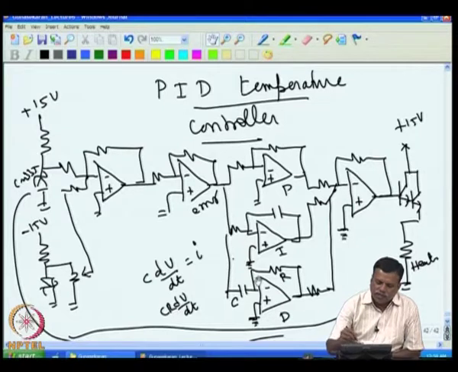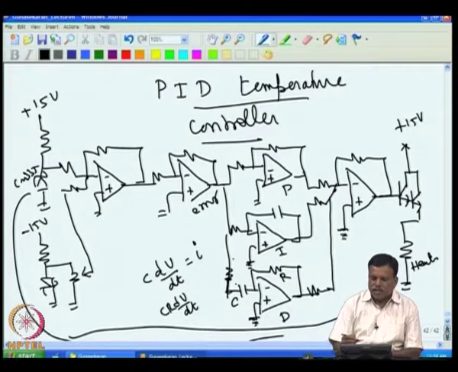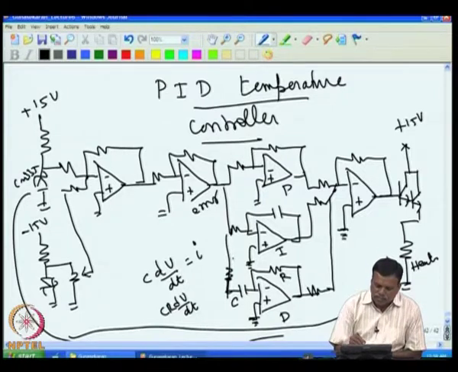In addition to that, we also add one more protection, because we do not want the system to respond all the way for all the frequencies. If there is a very low frequency change, that will not produce too large a current flow, and the current flow will be limited by this resistance.